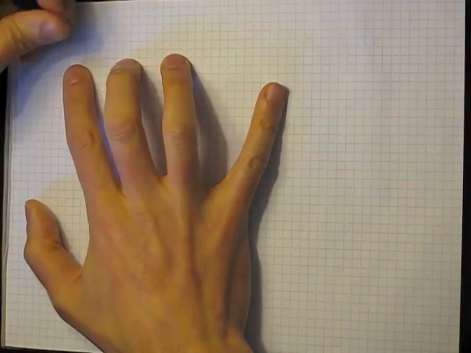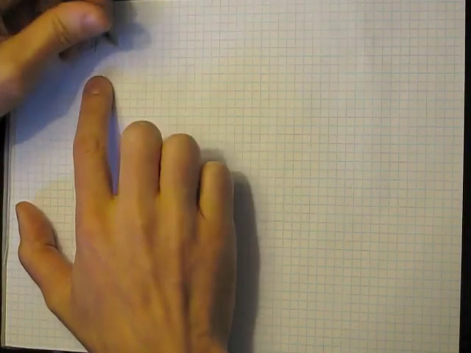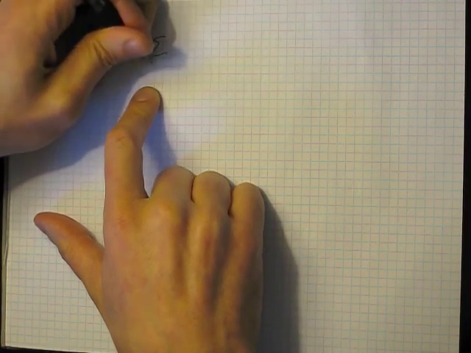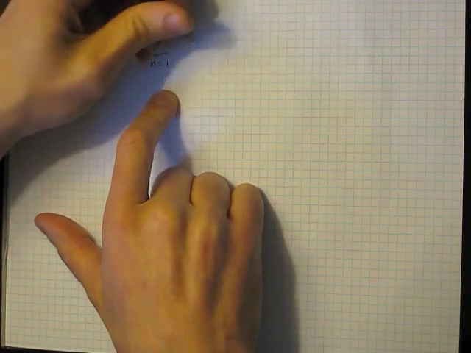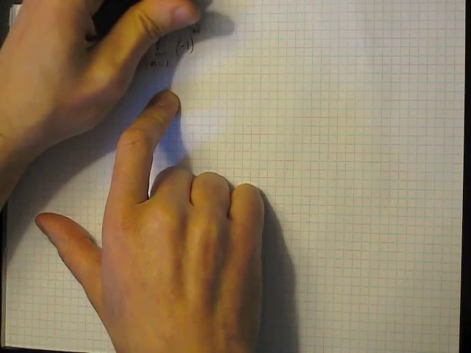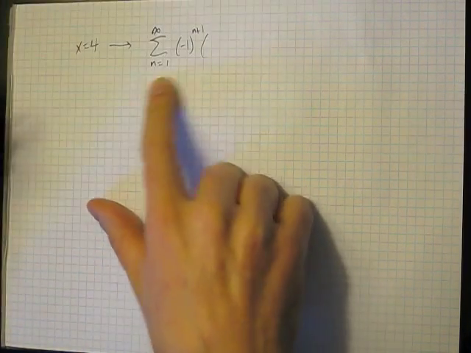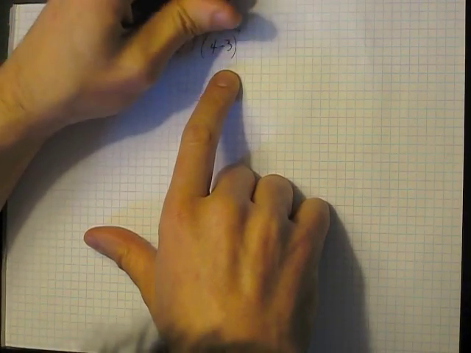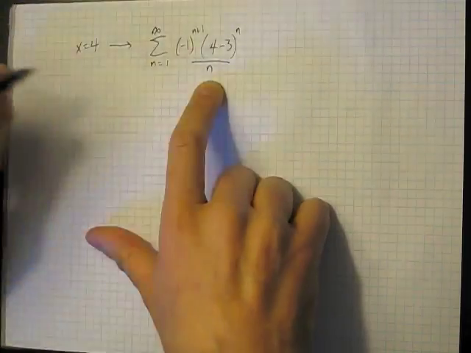When x is equal to 4, the series that we get is the following. We're starting at 1, counting to infinity, (-1)^(n+1), and then we put in 4 for x, so we have (4-3)^n over n.